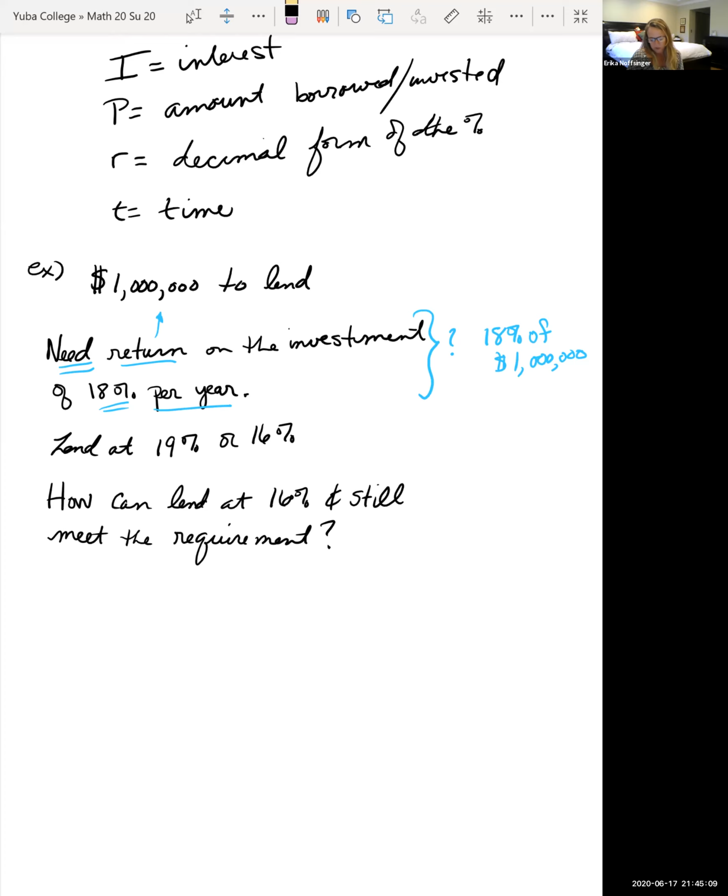When you're dealing with percents, you change them to decimals. A lot of times "of" in problems means multiplication. 18% of, so we're multiplying 0.18 times a million.